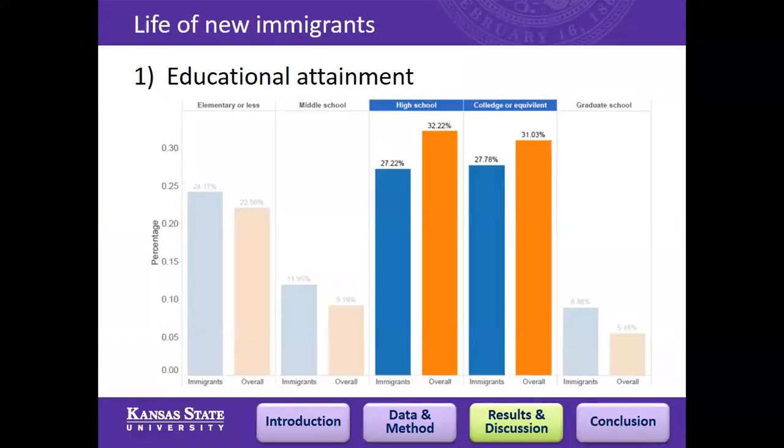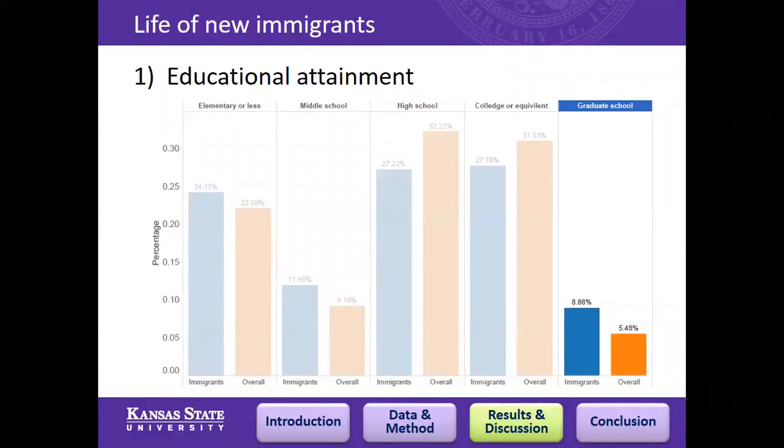However, the interesting part comes from the third group. Even though most of the people have less educational background, we can see that the immigrants who hold graduate degrees is significantly more than US average.